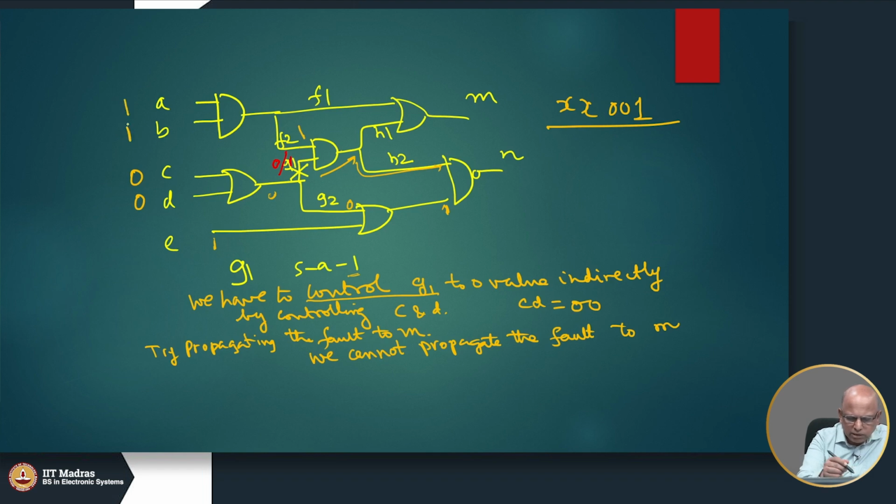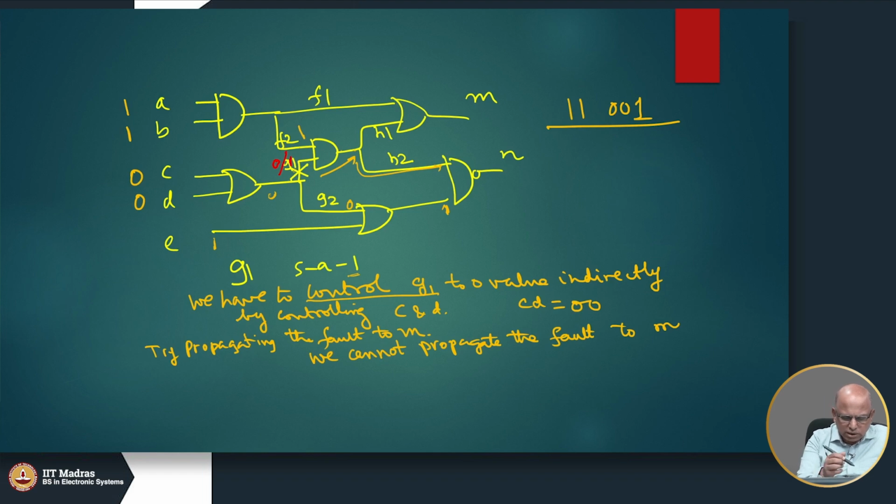We could not propagate the fault to M, but in order to activate this fault and propagate it to this point, I need to bring it to this point no matter whether I want to go to N or to M. So, I tried to go towards M, but I could not. So, in order to come here, I still need a 1. So, 11001 is a test vector for G stuck at 1.